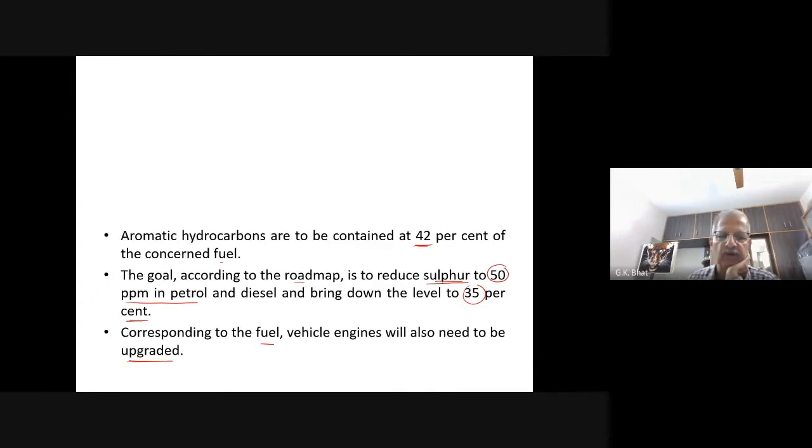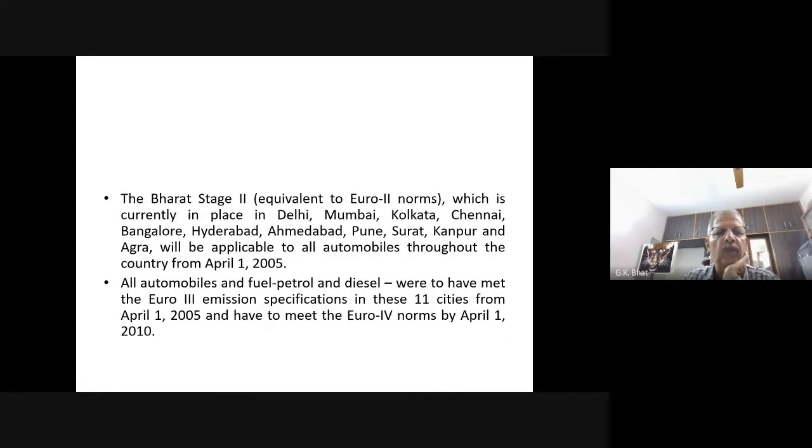That is another point. Now, what you see here, Bharat stage 2, equivalent to Euro 2, which is currently in place in Delhi, Mumbai, Kolkata, Chennai, Bangalore, Hyderabad, Ahmedabad, Pune, Surat, Kanpur, will be applicable to all automobiles throughout the country from April 1, 2005.